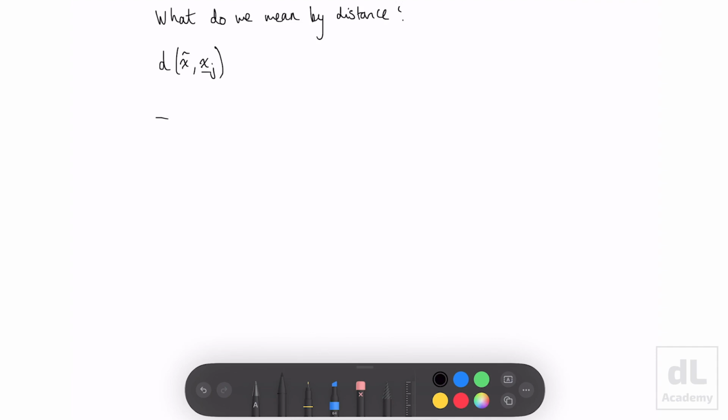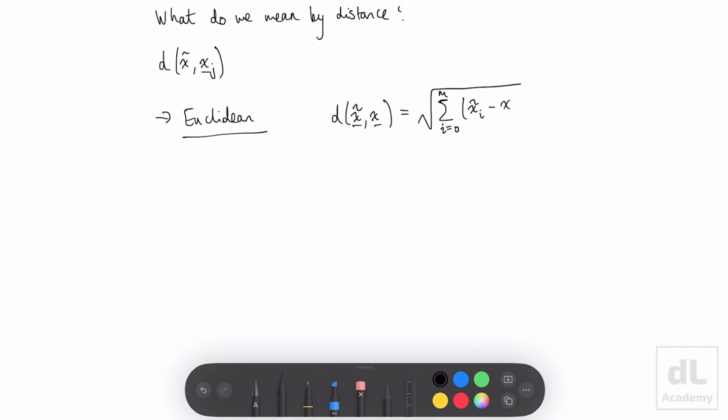And so in Euclidean distance, we basically just use Pythagoras. So the distance between x tilde and some x will be equal to the square root of the sum from i equals 0 to m of (x tilde i minus x i) squared.